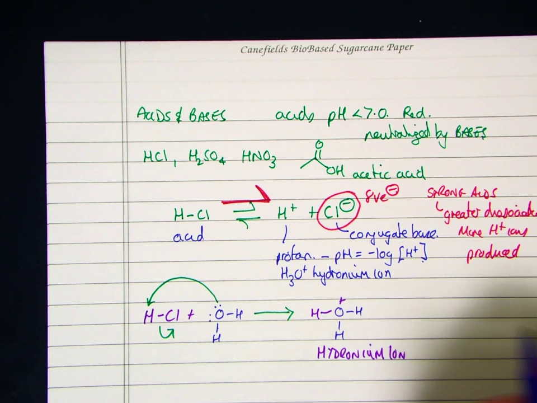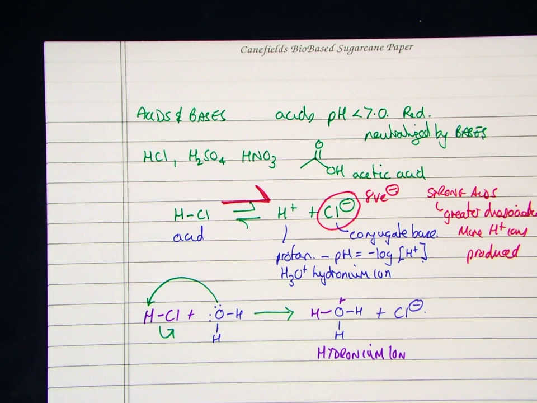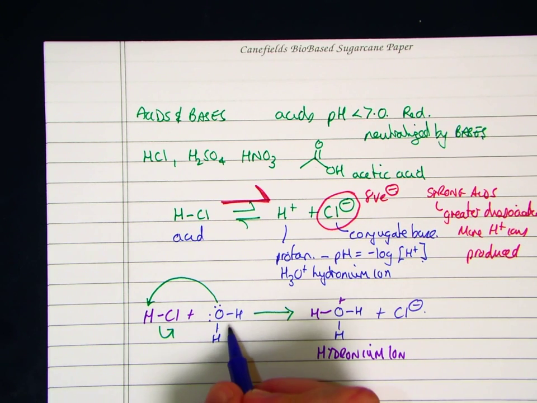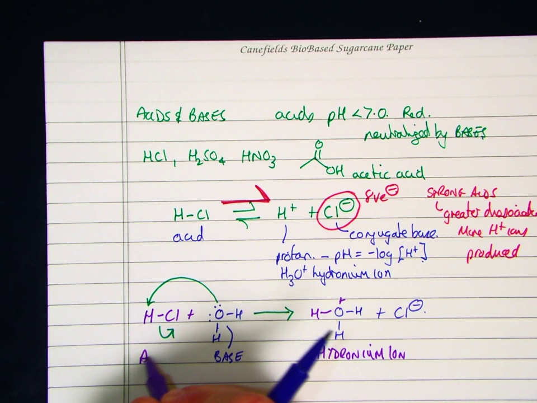And as well as doing that, we also get the chloride, Cl minus. Okay. We can see here that the definition is that the water is acting as a base and the HCl is acting as an acid.